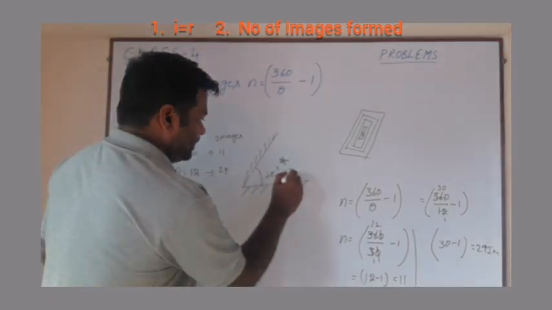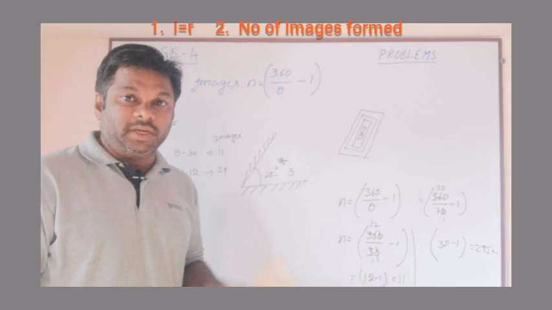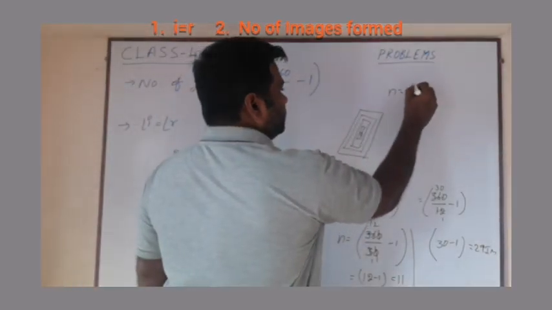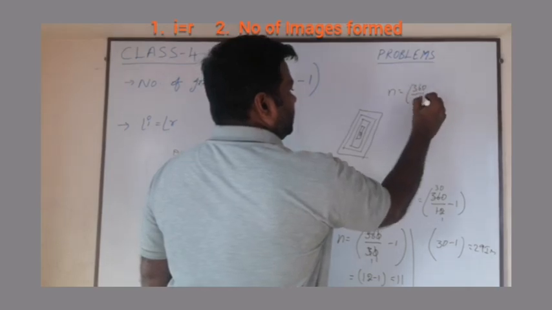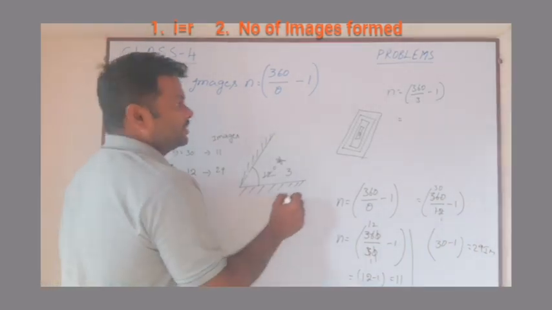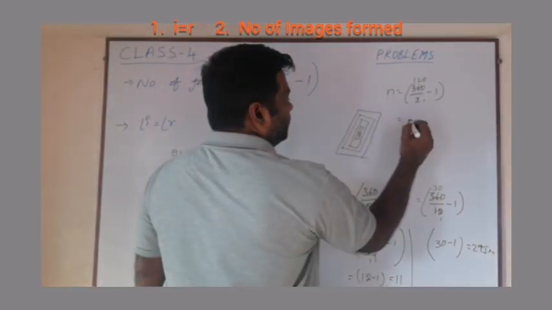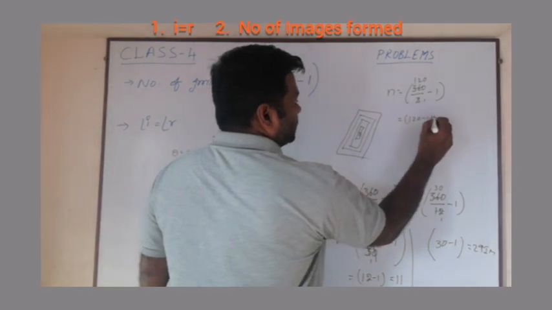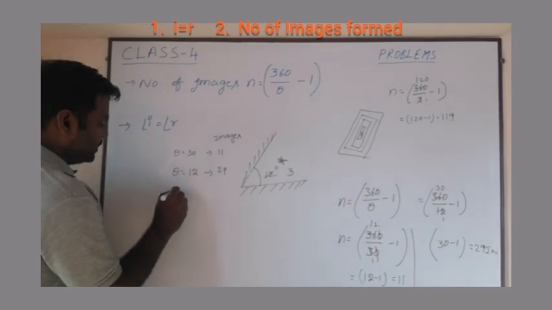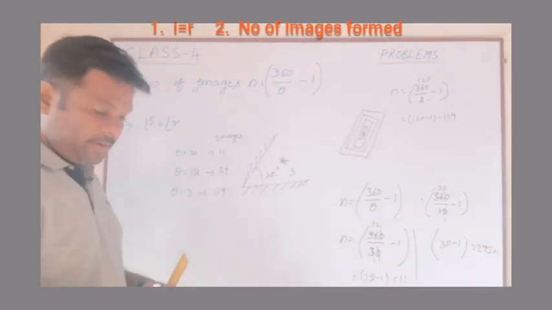Not 12, can I take 3? Yes. If the angle is 3, then the number of images n is equal to 360 by 3 minus 1, because theta is equal to 3 degrees. Then 120 minus 1, that is equal to 119. So when theta is equal to 3 degrees, the number of images is 119.